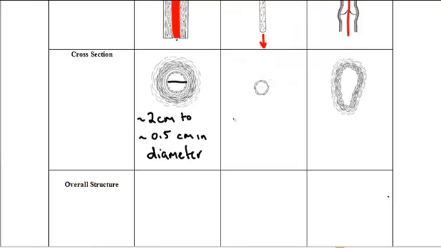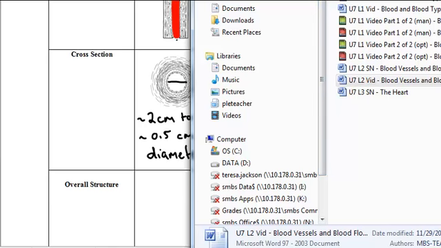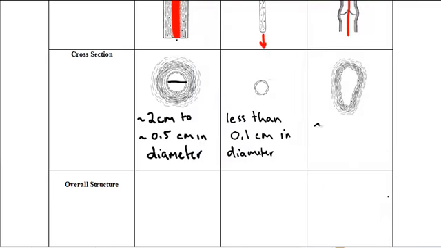Whereas capillaries are typically less than 0.1 centimeters in diameter. And veins are typically approximately 1.5 centimeters to 0.5 centimeters in diameter.